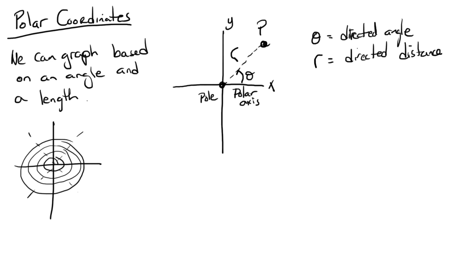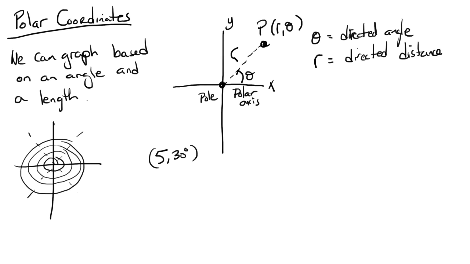Let's just take a look. If I asked you to graph 5 comma 30 degrees, it looks a little like a regular point, except let's look at this P. R would be in front. That's the length, the distance, and theta tells you what angle to go at, so it's called (r, theta).